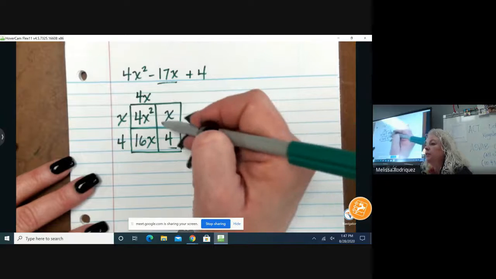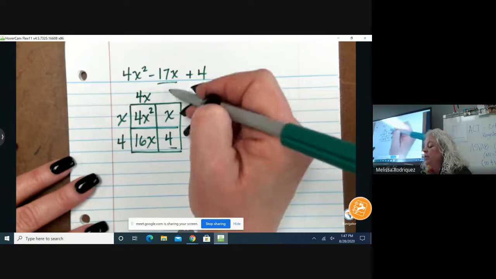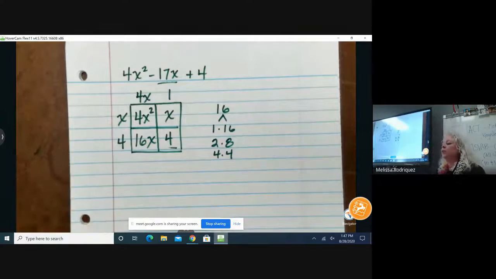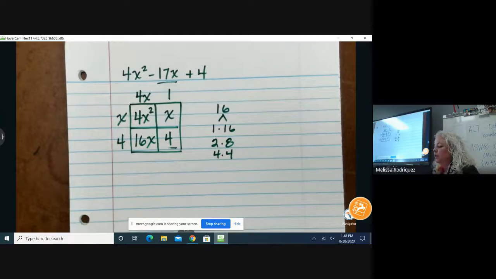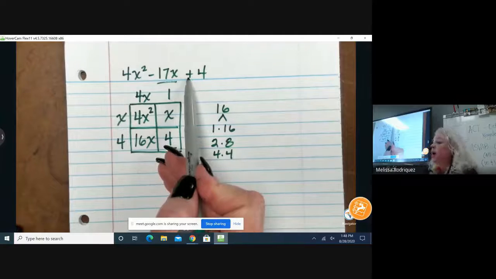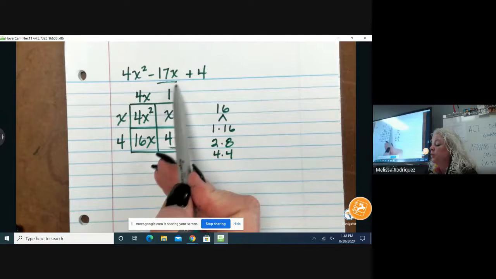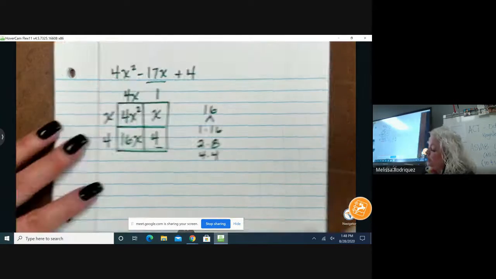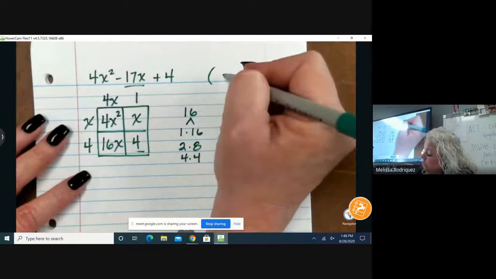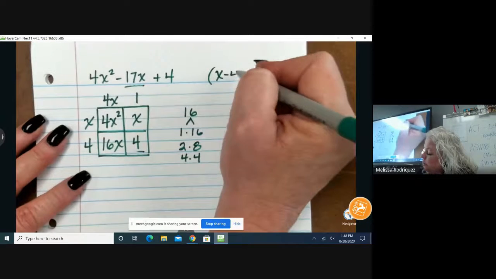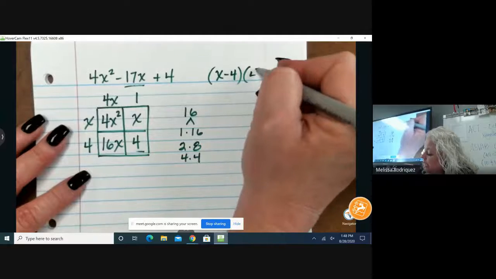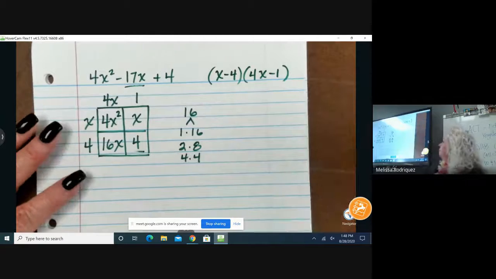But can you divide x by 4? So it's going to be 1. If you look at it and you think there's nothing, it's always a 1. Okay. Last sign is positive. So they are both going to be negatives. My factors are x minus 4 times 4x minus 1.